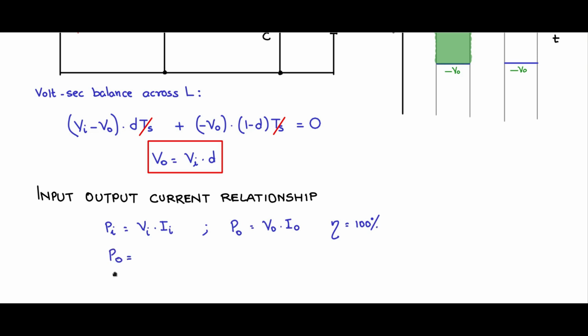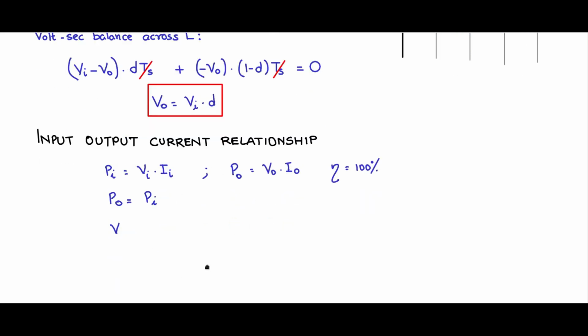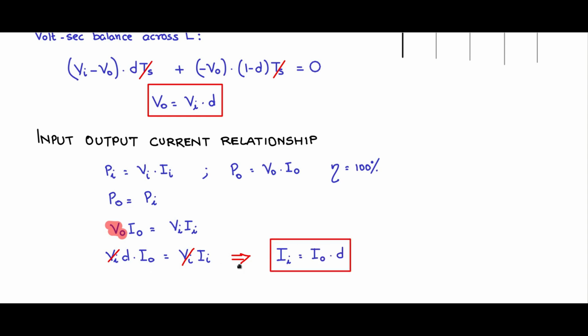In such a case, P0 is equal to Pi, or V0 I0 is equal to Vi I. Now I know the input-output voltage relationship, so let me apply it here. V0, I will replace it by Vi into D. So you have Vi into D into I0 equals Vi into I. Vi cancels off, and you have the input current I equal to I0 into D. So this is the input-output current relationship.